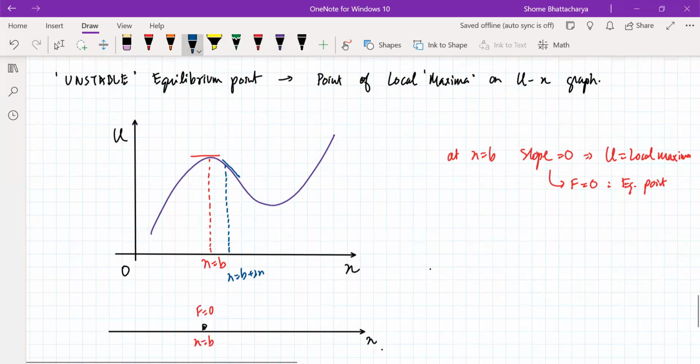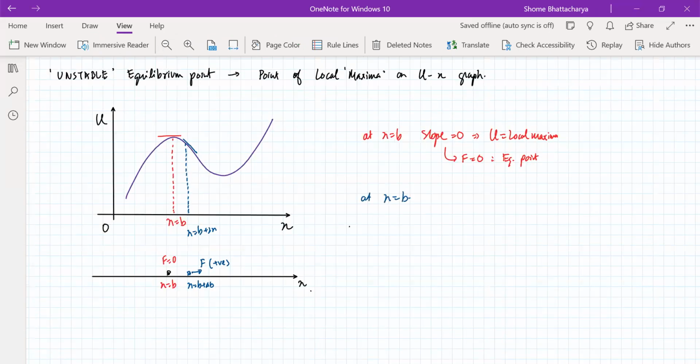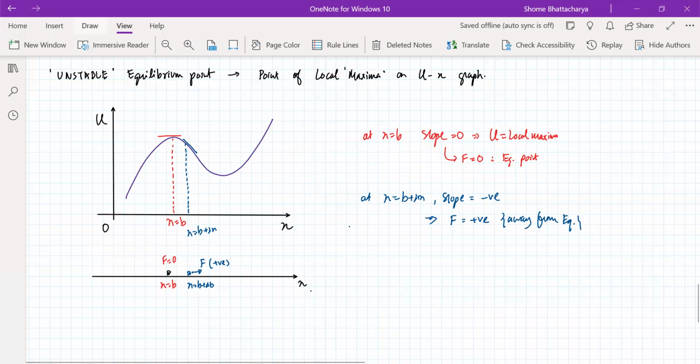But the moment I shift it to the right, you can see that here the force will become positive. And similarly for the point towards the left.